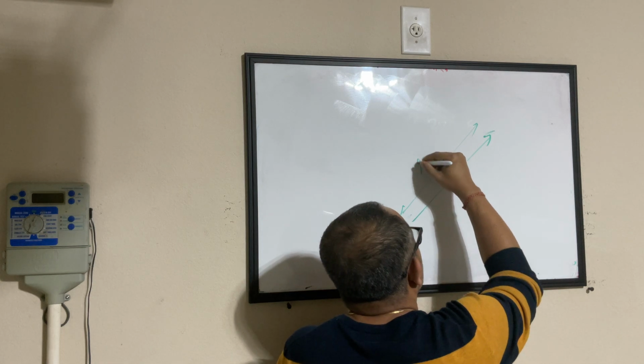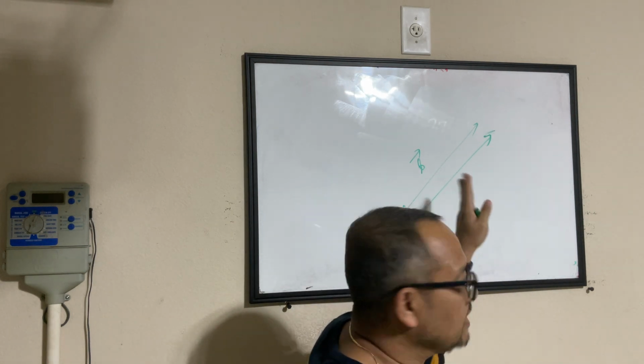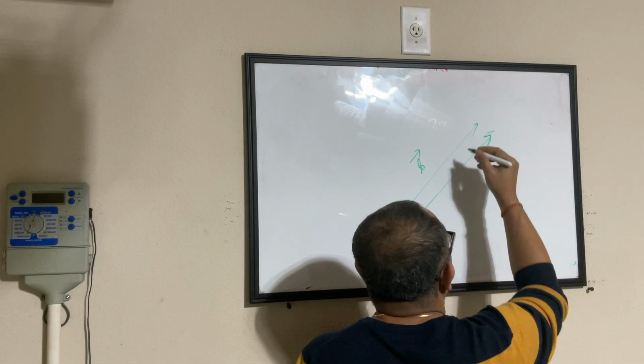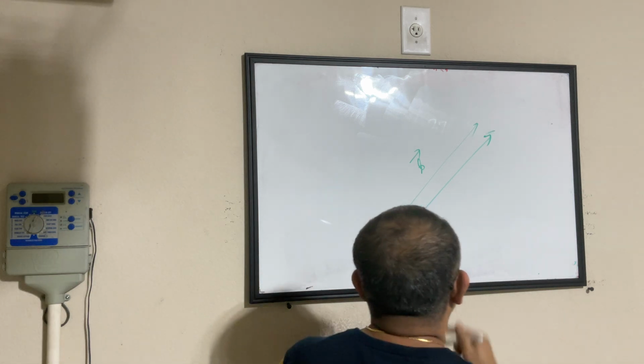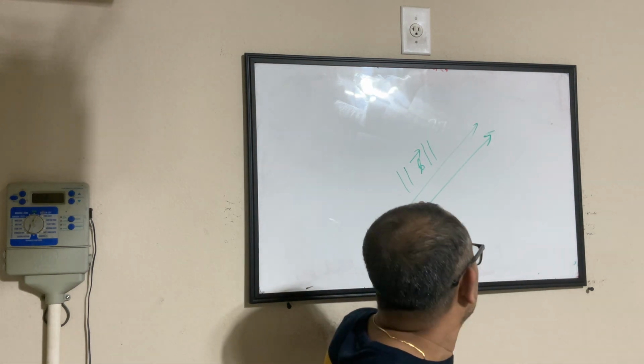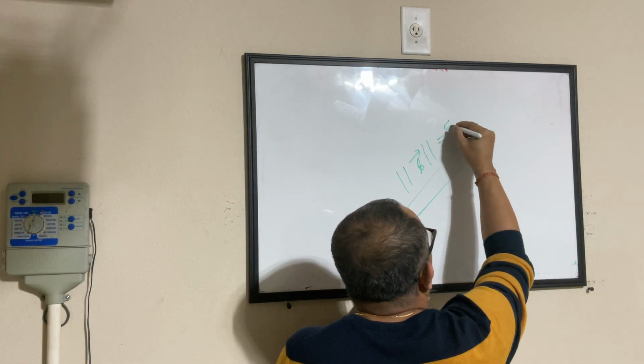Let's say this is a vector B. You'll represent it like this. This is the direction, and this length is, let's say, 5 centimeters. So you will say the magnitude of B, written with a pair of parallel lines, is equal to 5.